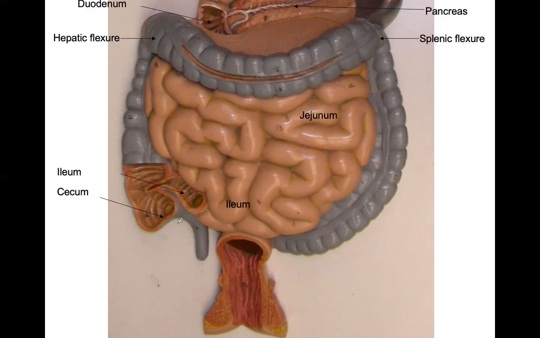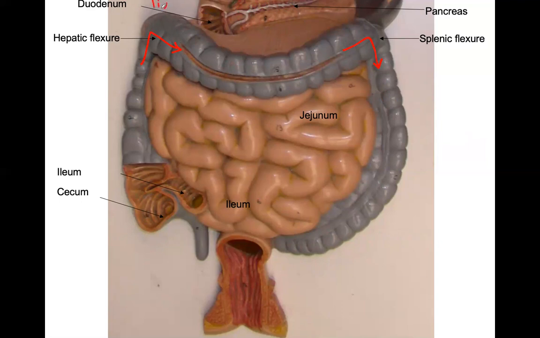And lastly, we have these curvatures on either side of the large intestine. Basically, when you transition from the ascending to the transverse colon, and then from the transverse colon to the descending colon. So this region is right below where your liver would be.